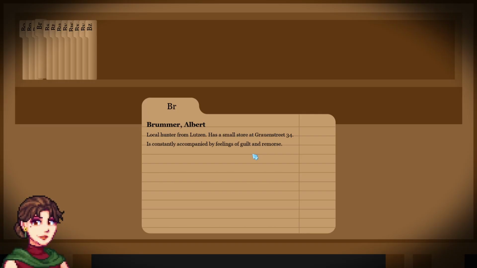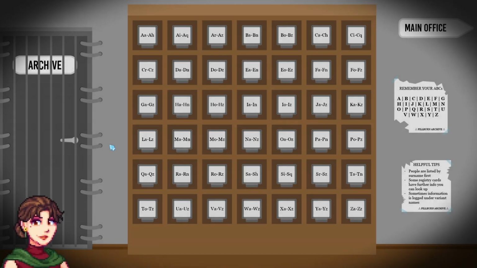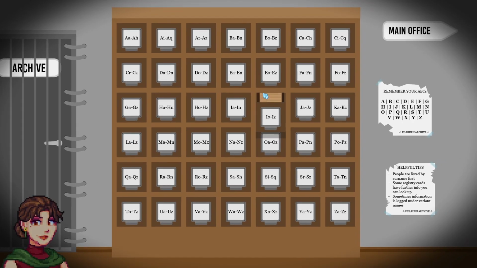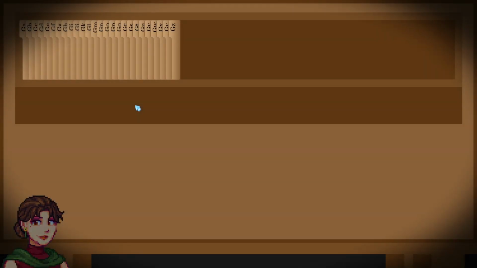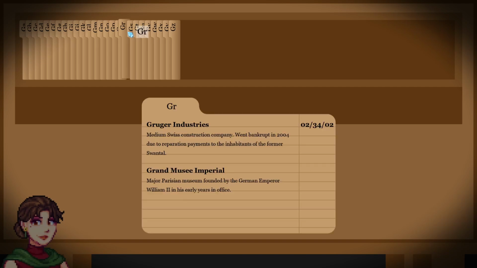And then what is that? Bowen Street 34. Let's see if there's something about his little store there. Ah, that's right. Kruger Industries.